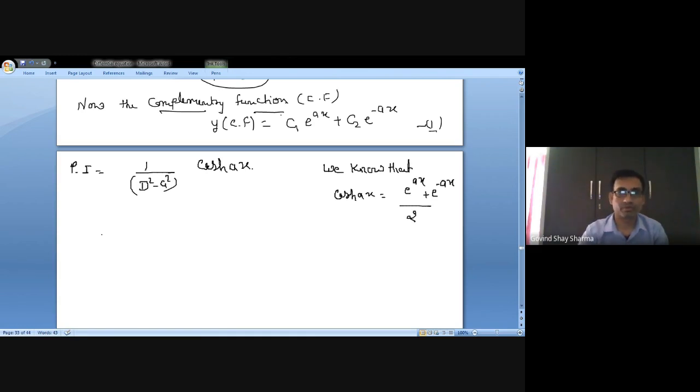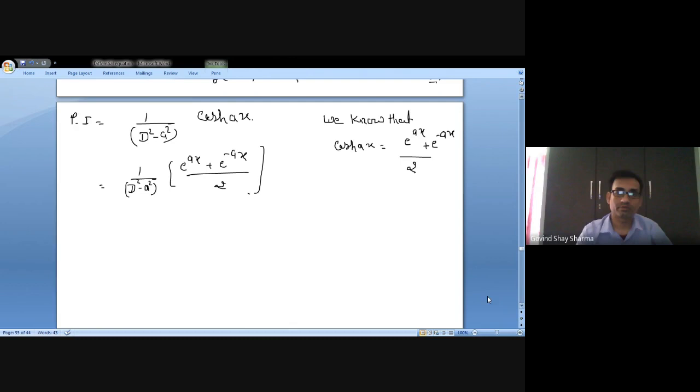So here we put the value e to the power ax plus e to the power minus ax. So here we can take 1 by 2 constant, 1 upon d square minus a square of e to the power ax plus e to the power minus ax.